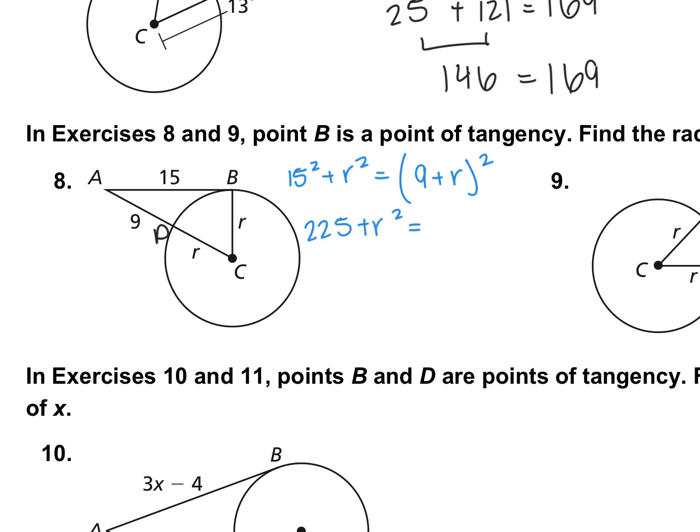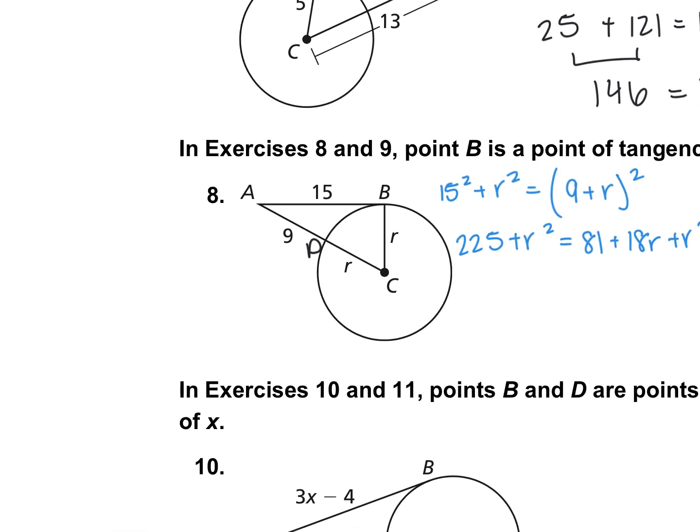And remember for this part, you are not distributing that squared. You have to FOIL it. If you FOILed correctly, you should have had 81 plus 18r plus r squared.